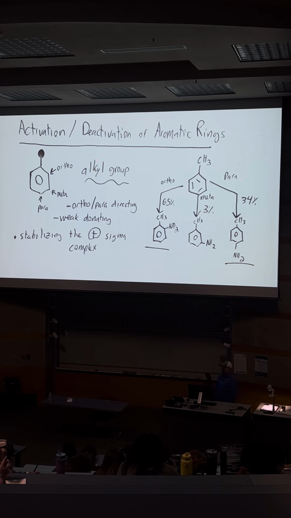So if you remember, the sigma complex is the reaction intermediate for all of these electrophilic aromatic substitution reactions. And so electron donating will stabilize the sigma complex. And if you remember, on the sigma complex, where those positive charges were when we looked at the resonance structures. So let me just briefly show you, because I remember I said that we'd come back to this.